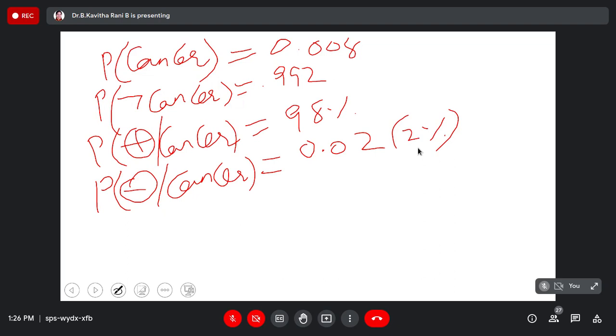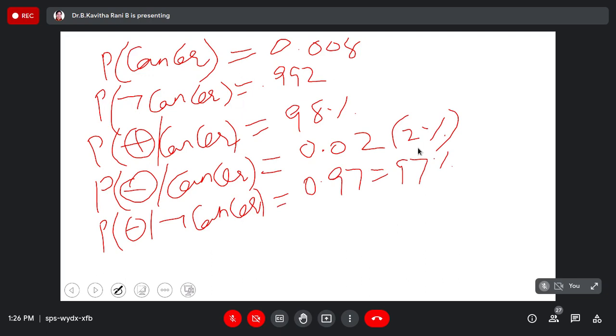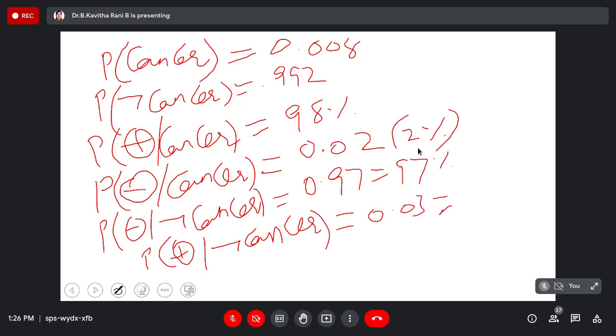So that is nothing but probability of not having cancer, that is equal to 0.97, that is 97%. 97% క్యాన్సర్ లేదు వచ్చింది, కానీ ఇక్కడ 3% మాత్రం ఉంది అని వస్తుంది, లేకున్నా కానీ ఉంది అని వస్తుంది, that is equal to 0.03, that is equal to 3%. So this data we are having.